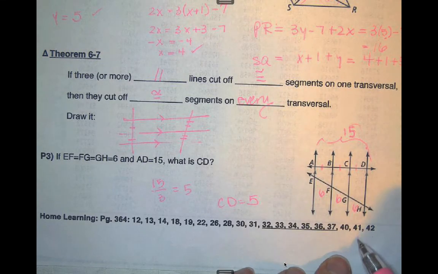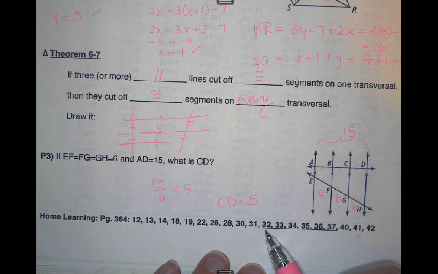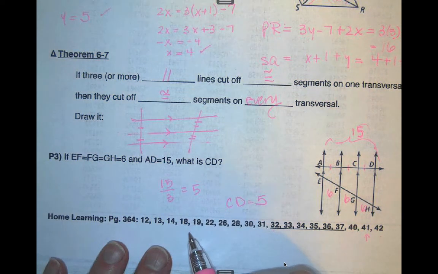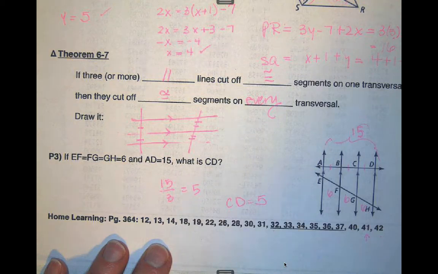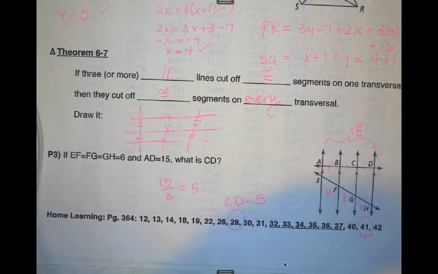This one we can do together. Again, these are all your proofs. Let's see here. Let's look at 28 together and we'll look at this 41, okay? All right, so 28.